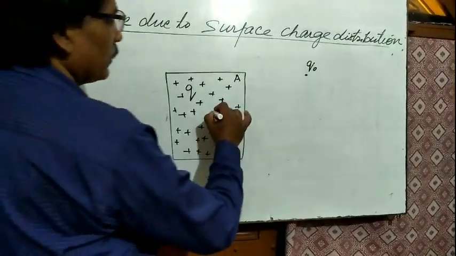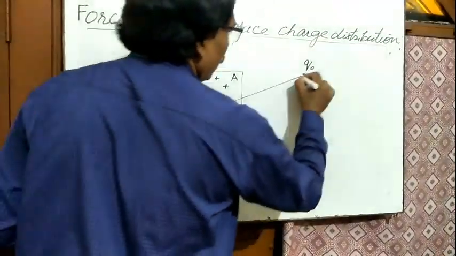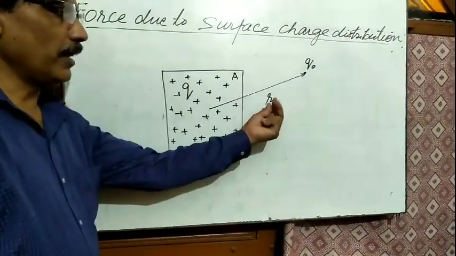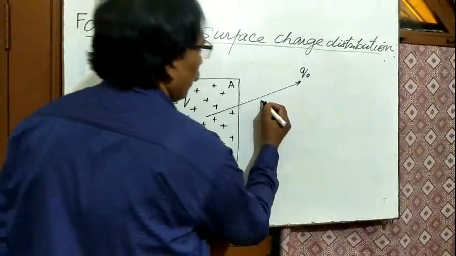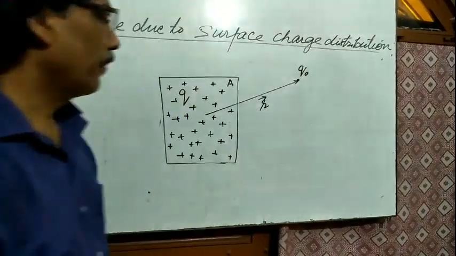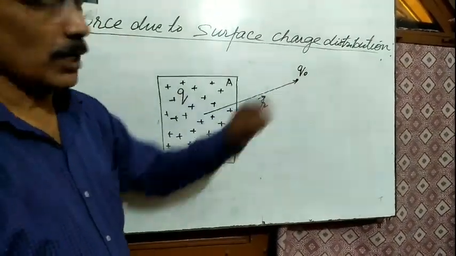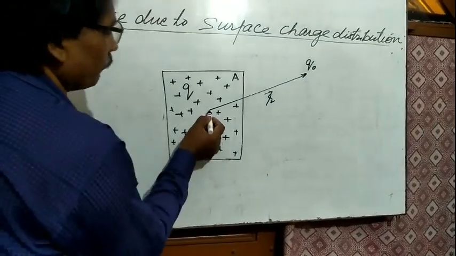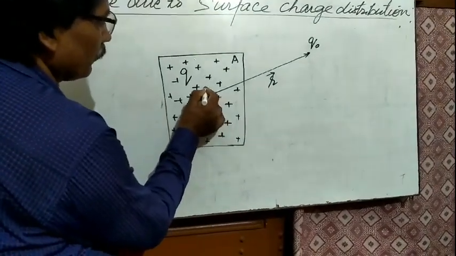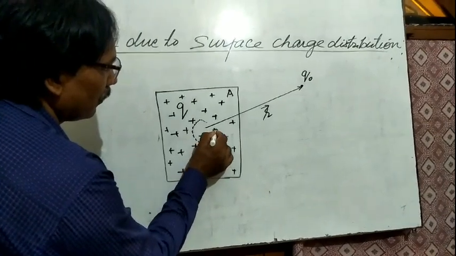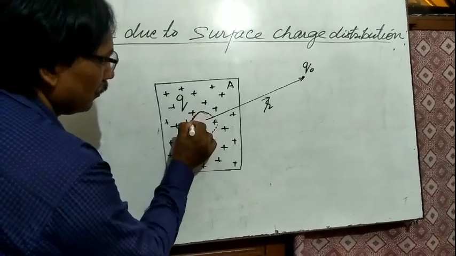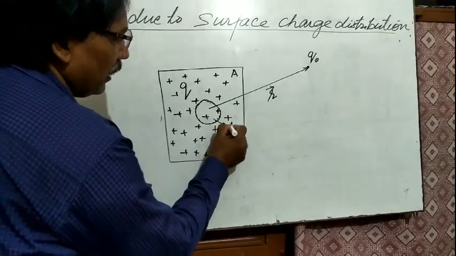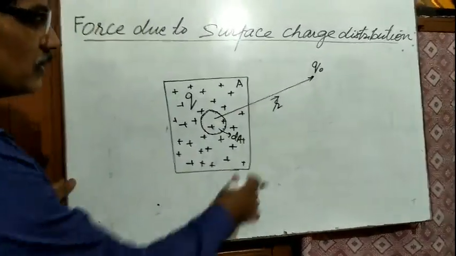This point is at distance r from this distribution, so you can denote it by vector r. Now what will be the force on this charge? We will use a small area first. Suppose we consider this much area, a small area dA.